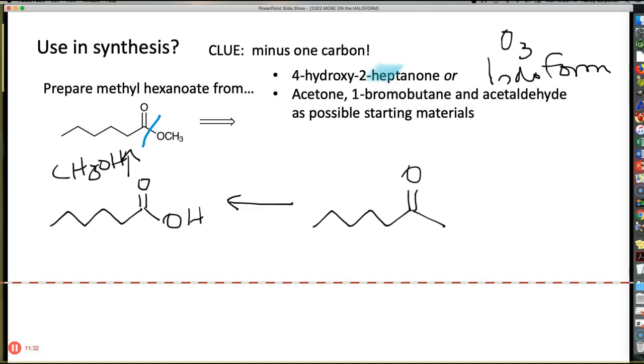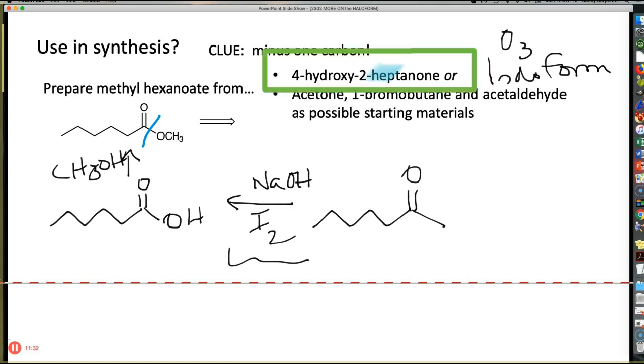Okay, that's easy enough. NaOH, I2, that's the iodoform conditions. That will take me to my hexanoic acid. Cool. So right about now I should be paying attention to what my starting material is, a 4-hydroxy-2-heptanone.